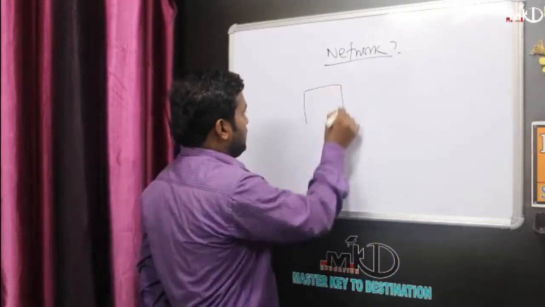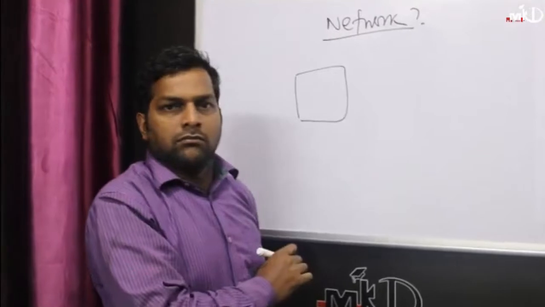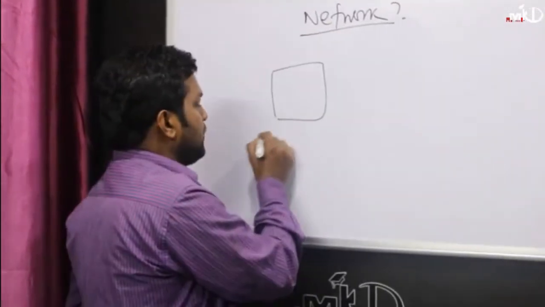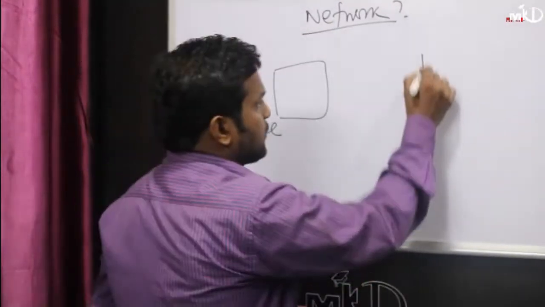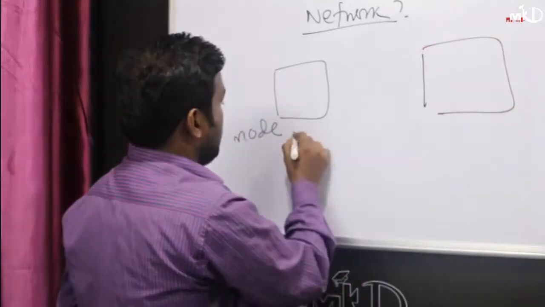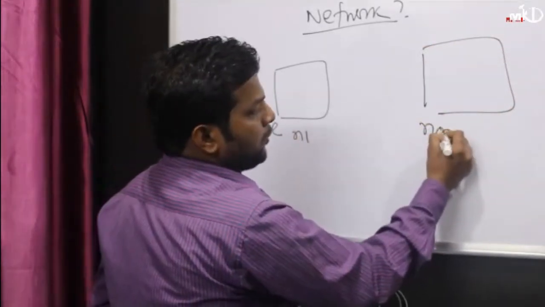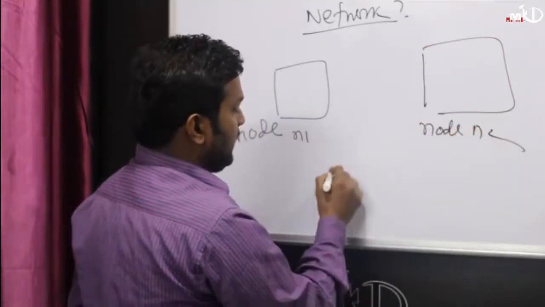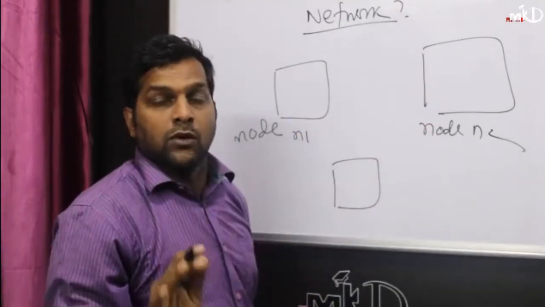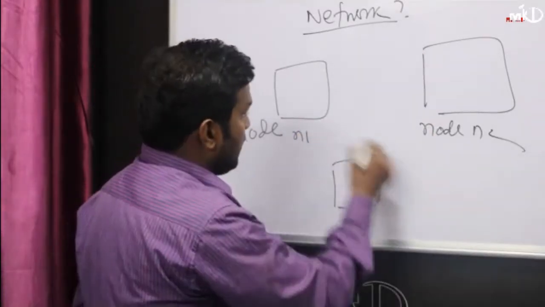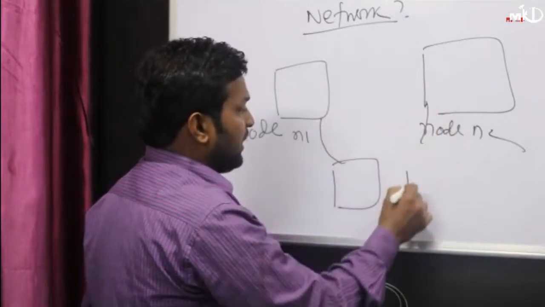This is one computer, which is alternately also known as a node. It is also another node: node N1, node N2, node N3, like that. Two or more computers are required. They will be connected to a particular link.